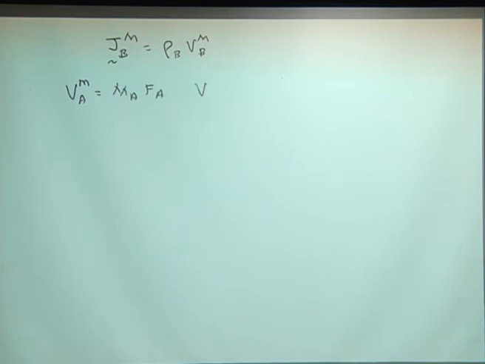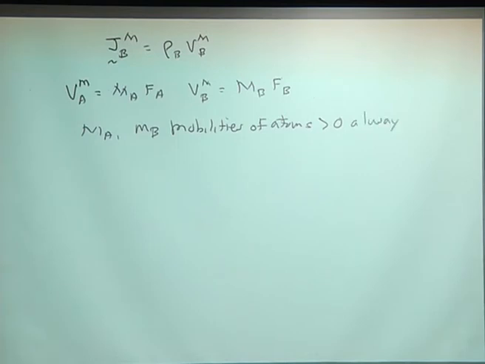You can write them like this, where M here are the mobilities of the atoms, and they are always greater than 0. And so I'm asserting that this is the case.